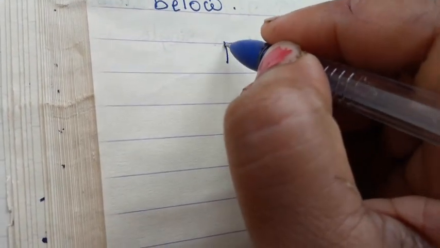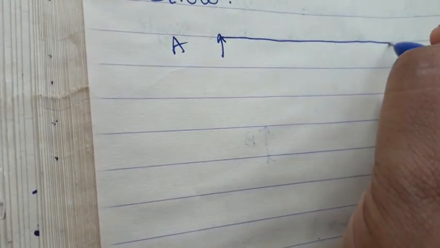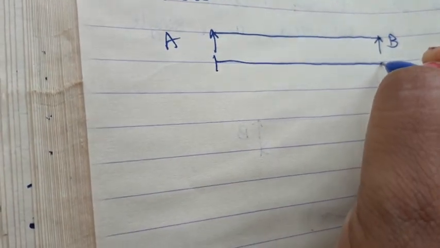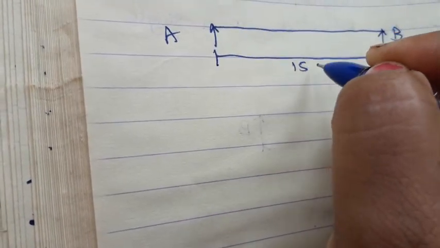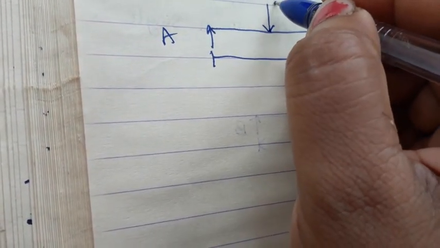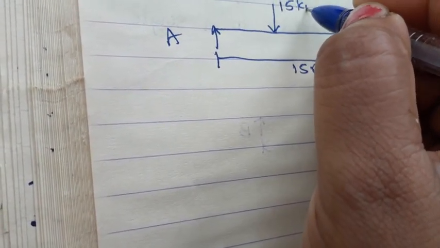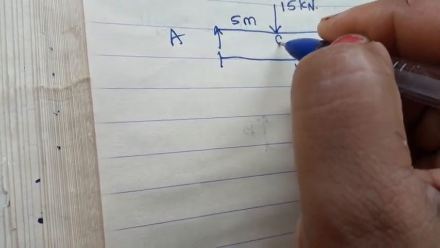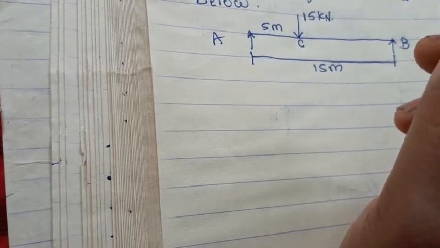So, here is a problem. A simply supported beam AB of span 15 meter. Here is a point load which is acting, which is of 15 kilonewton. This is at 5 meter, that is x is equal to 5 meter.